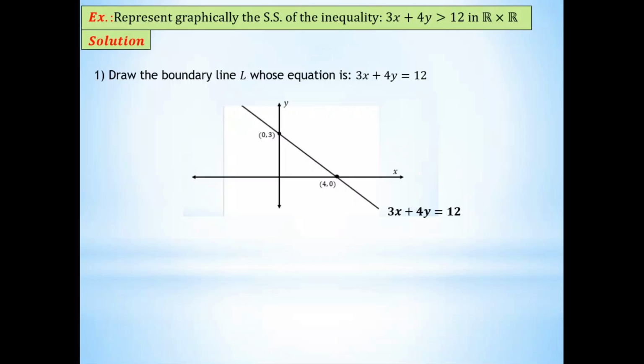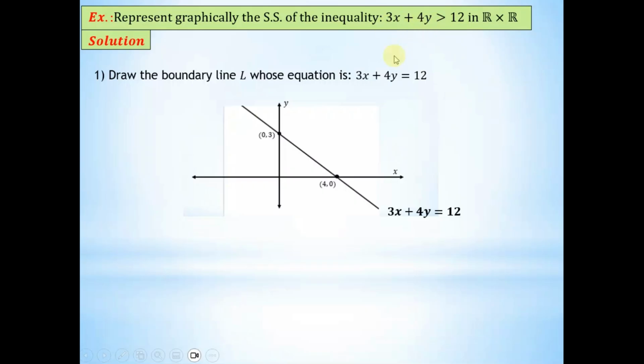It is very simple. Now, I have to select which region, above the line or below the line, is the solution set. The test point I told you is the origin point (0, 0). 0 plus 0 more than 12? No, 0 is less than 12.